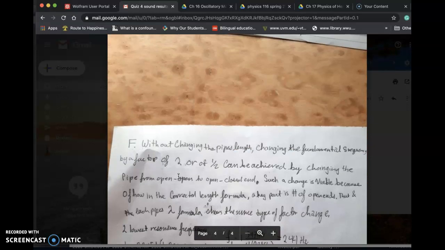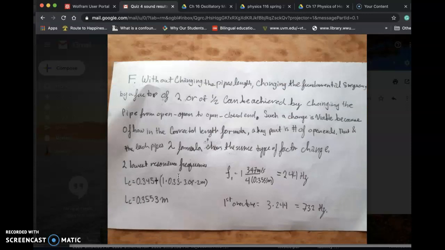Finally, without changing the pipe length, how can you change the fundamental frequency by a factor of 2 or 1/2? This can be done by simply closing one end of the pipe. By doing so, we change how the air circulates, and that lowers the frequency that is generated.